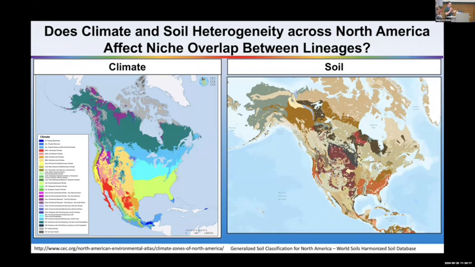So if we think about as these environments were forming 9 million years ago when Asclepias was diversifying, we see that there's a lot more room for that kind of niche divergence were it to have originated in the west-southwest of the continent and then spread across the east. So we might expect that the eastern niche overlap might be lower or greater.